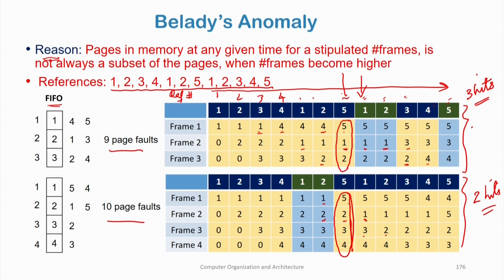For example, here 5, 2, 3, 4 is not a superset of 5, 1, 2, and therefore for this case 1 is a hit and for this case it is not.